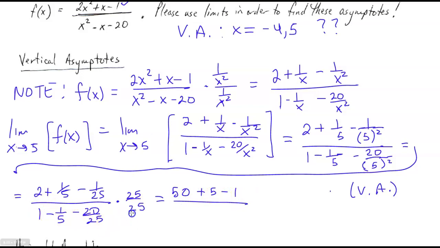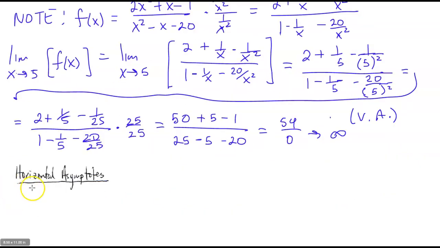And same thing in the denominator here, so it'll be 25 minus 5 minus 20. Of course, in the numerator here, 50 plus 5 is 55, minus 1 is 54. And in the denominator, 25 minus 5 is 20, minus 20 is 0. And of course, that still goes to infinity. So we see that we also have a vertical asymptote here at x equals 5.